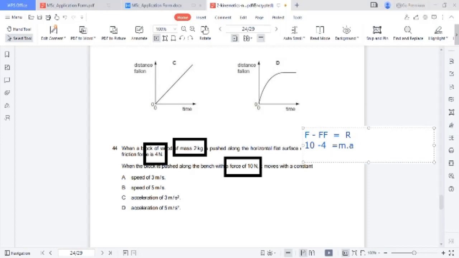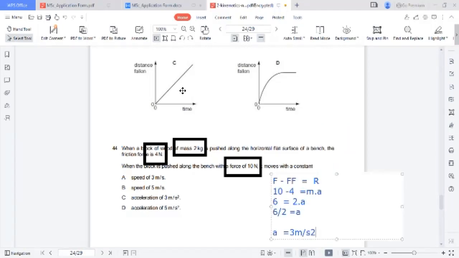So 10 minus 4 is 6, which is equal to mass, 2 kg, times acceleration. So 6 over 2 would be your acceleration. So acceleration is 3 meters per second squared. The wooden box will move with an acceleration of 3 meters per second squared.